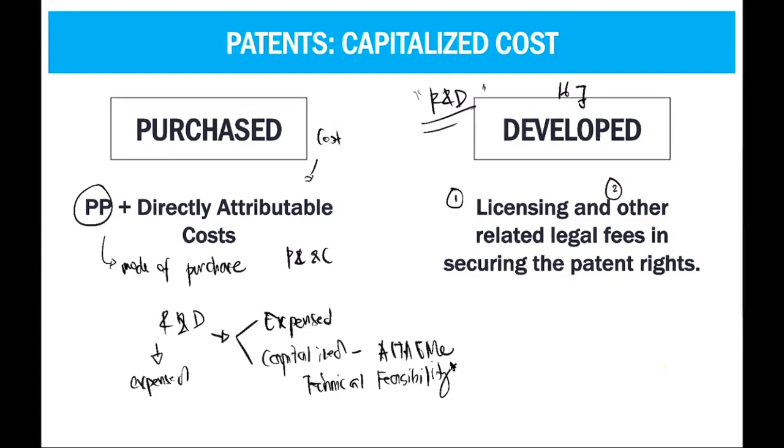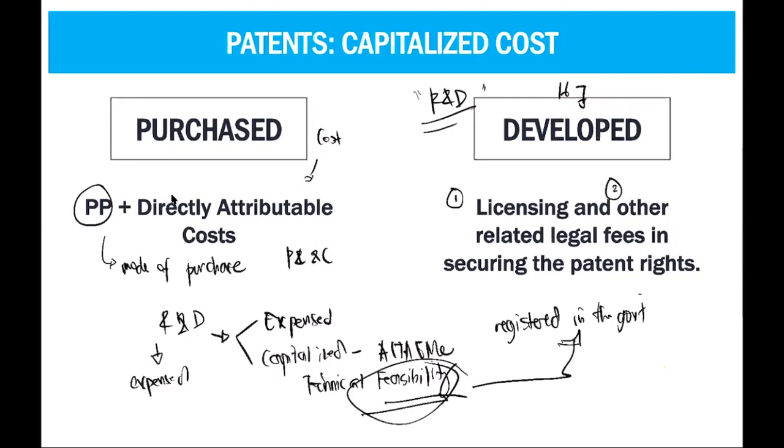Remember our premise a while back in your patent, we said we cannot make use of the patent and profit from it unless we have registered it. So in short, one important characteristic of a patent is that it is registered with the government. Therefore, when can we say that the use of that patent is feasible? The use of that patent only becomes feasible once it is registered with the government.